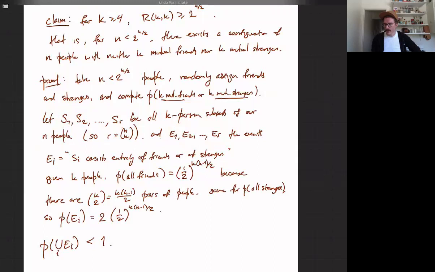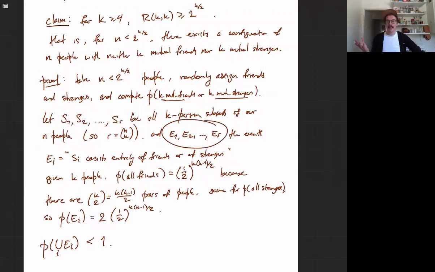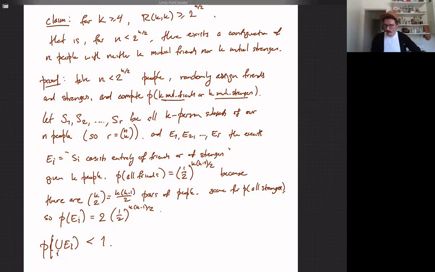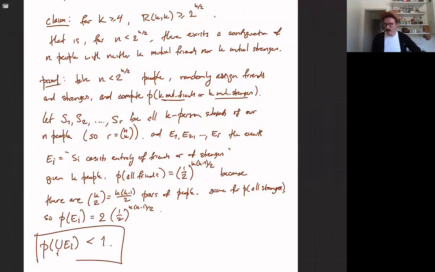So the Sis are all the k-person subsets in our group, and the Eis are just saying that that is the k-person subset that consists entirely of friends or strangers. So if we take the union of the Eis, this is just saying that there is some set of k people which is entirely friends or entirely strangers. So if we can show that this thing is strictly less than 1, that will complete the proof.